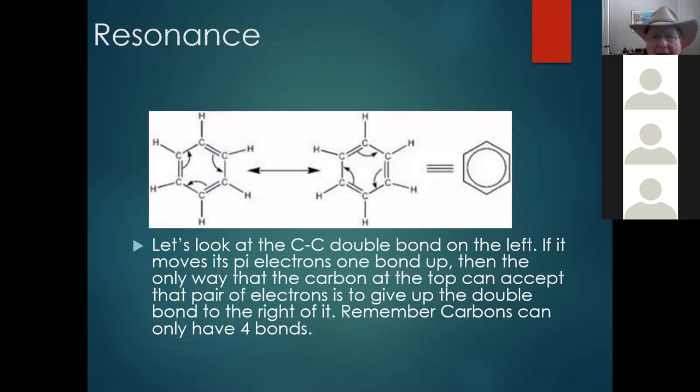So when we have that delocalization, there's a spreading of the electrons all over the entire molecule, and that makes this benzene structure very, very stable.